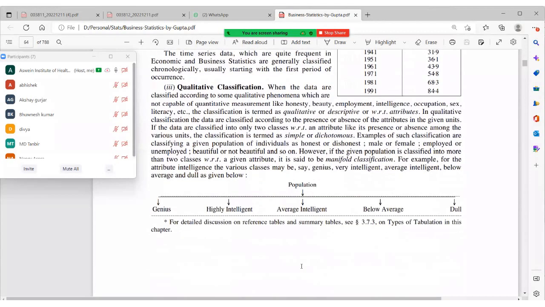Qualitative classification is when the data are classified according to some quality, like honesty, beauty, employment, intelligence, occupation, and all these things, right? For example, this population, we divide further into highly intelligent, average intelligent, below average, dull.